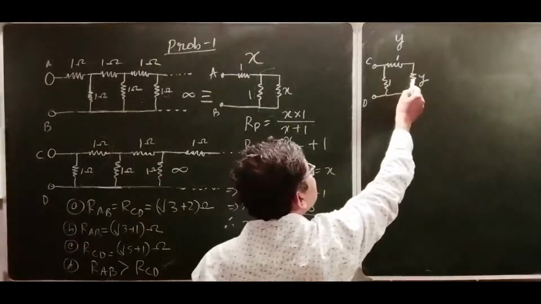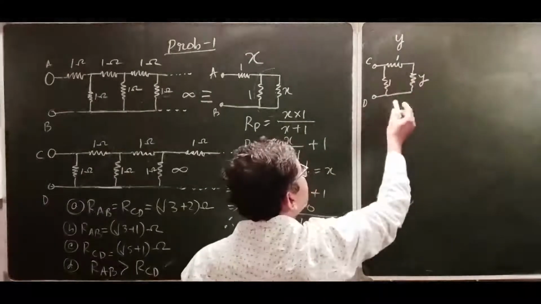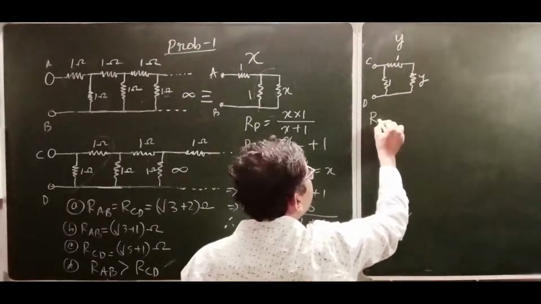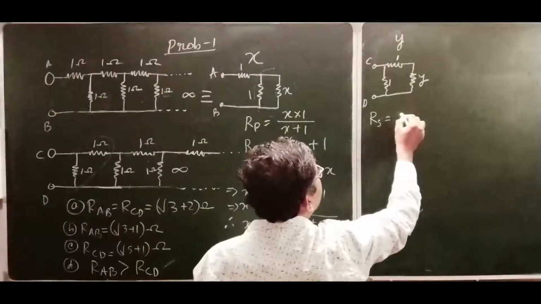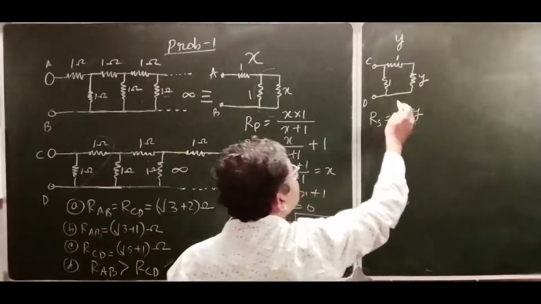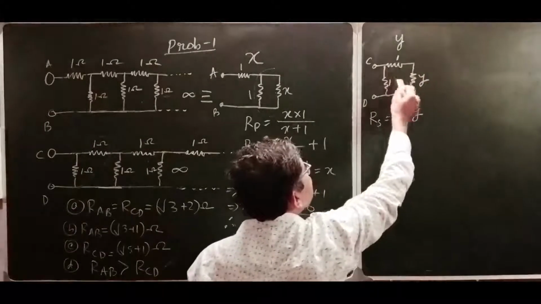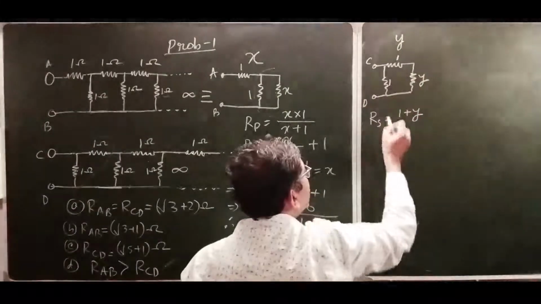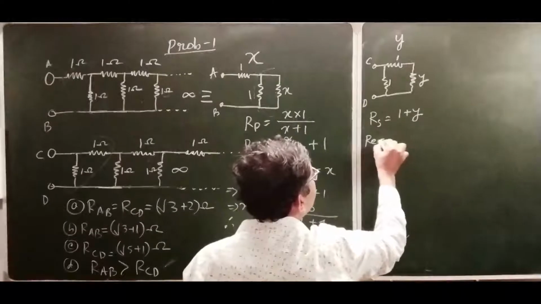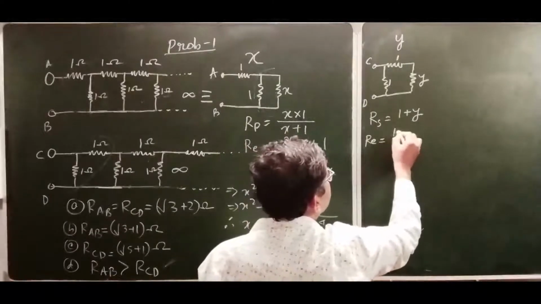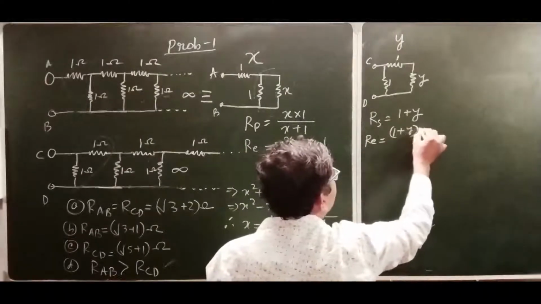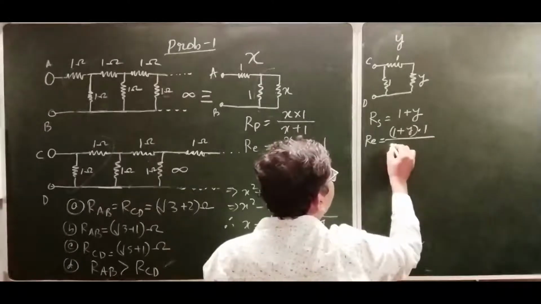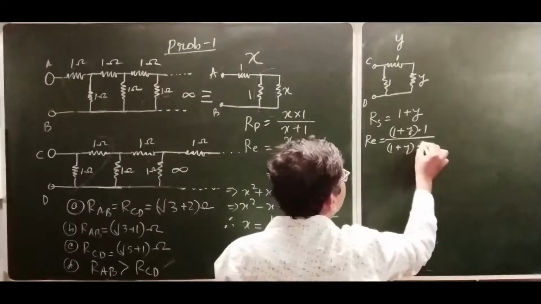In this case, these two resistances are in series. That means the equivalent resistance is 1 plus Y, and this 1 plus Y is in parallel with this 1 ohm. That means the final equivalent resistance will be product of the two over sum of the two.